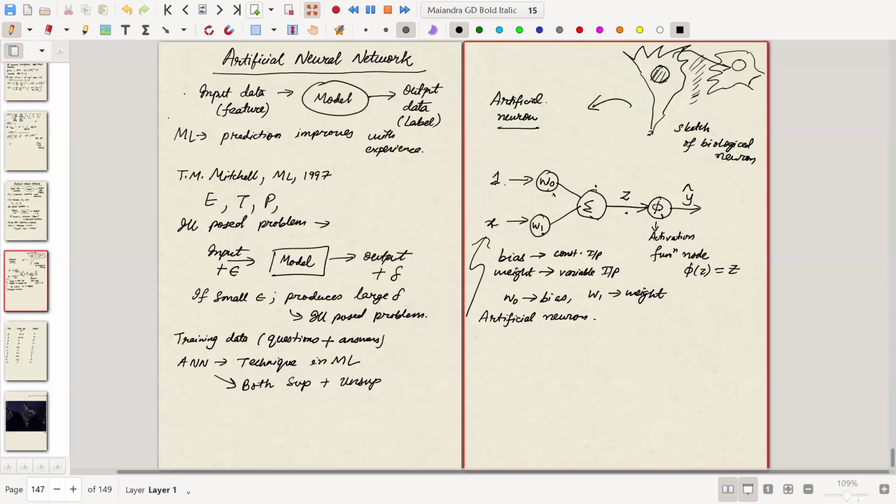That's the first definition. The second definition: it's a network of artificial neurons with a properly selected activation function. So I gave you two different definitions of ANN, which cover all the basic concepts of ANN.